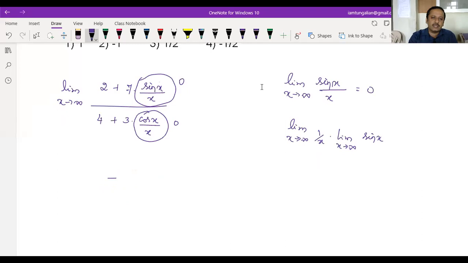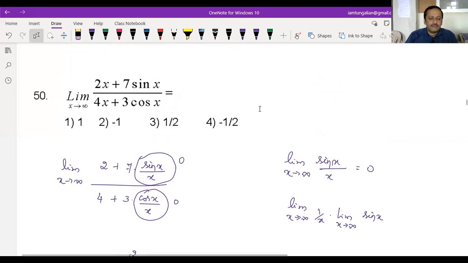Similarly, limit x tends to infinity, cos x by x is 0. So the second term in the numerator as well as in the denominator, these two terms will become 0. So the answer will be 2 divided by 4, which is equal to 1 by 2. That's the correct answer.